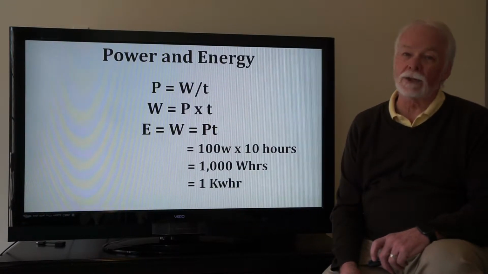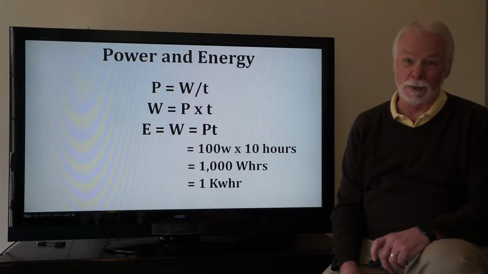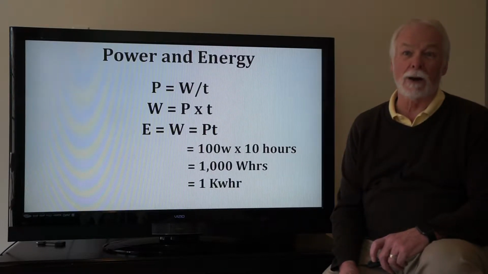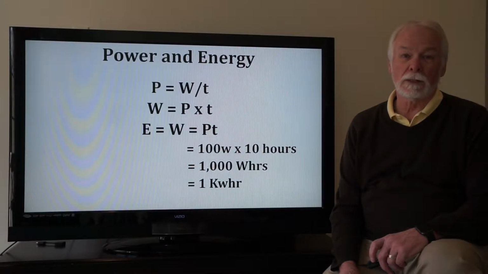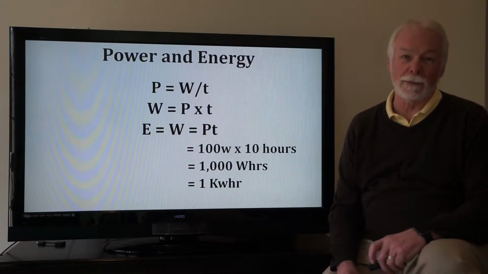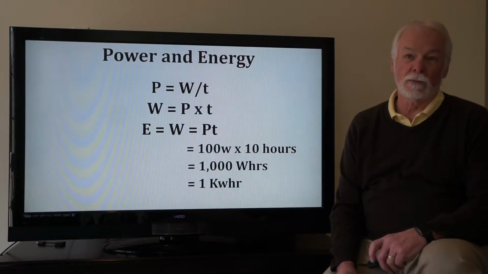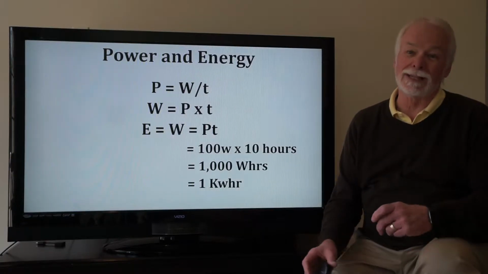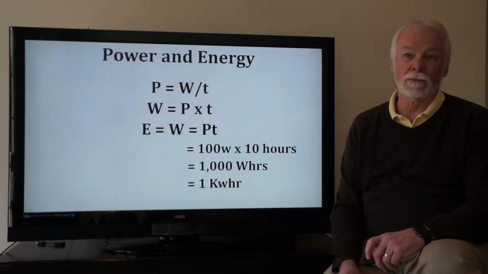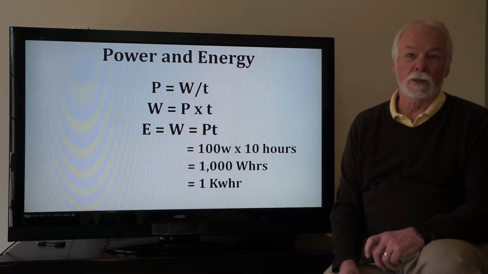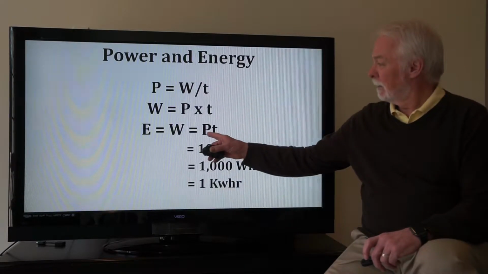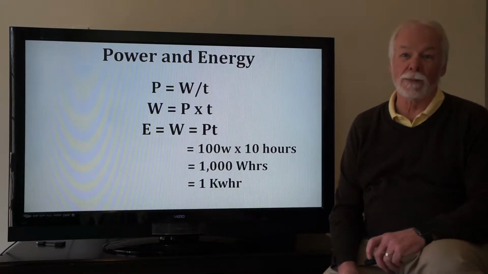This is really just like multiplying your driving speed in miles per hour times the length of time that you drove to yield the distance that you traveled. A rate times time is an amount.